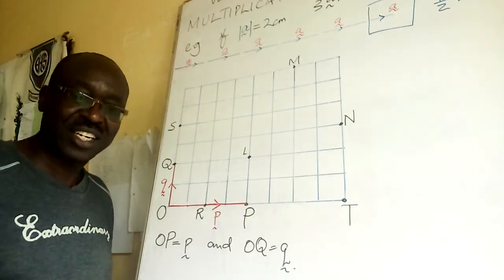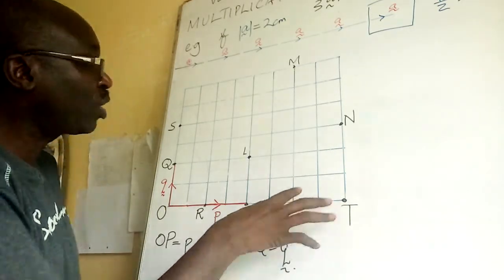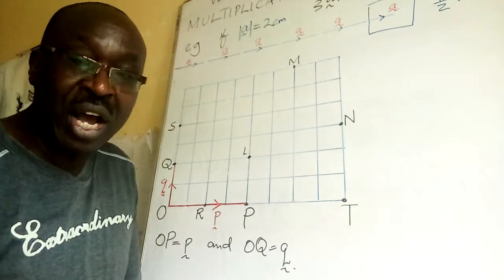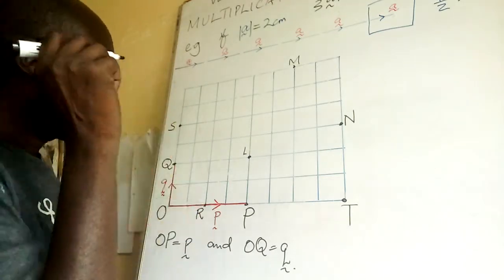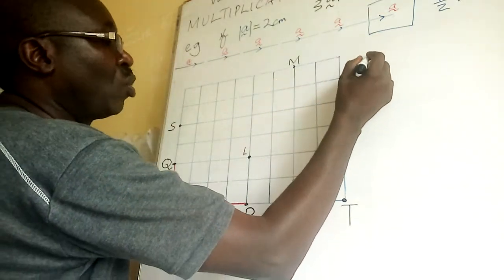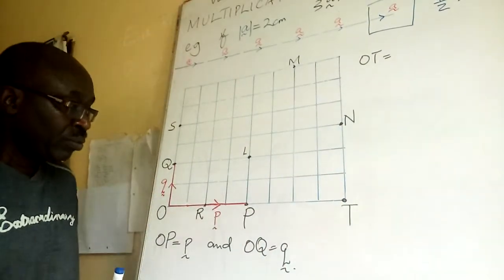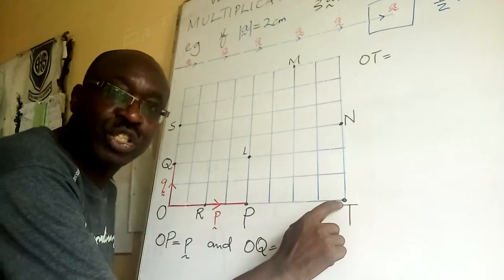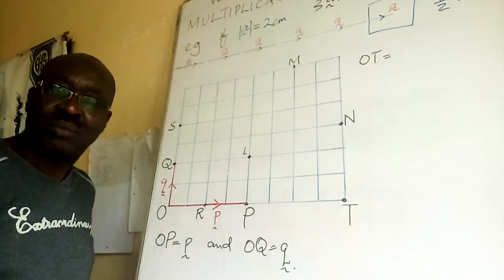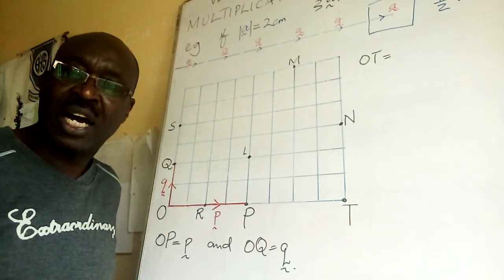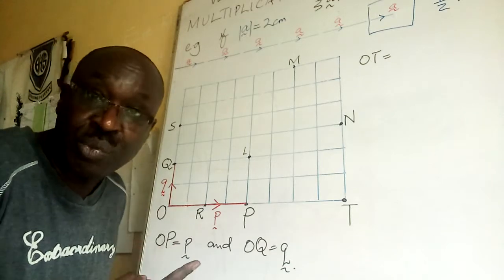So let us start now. What we want is to get all these things, so we have to be fast. What about if I ask you OT? From O right to T, what vector will represent that movement?